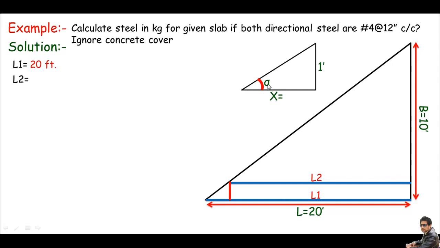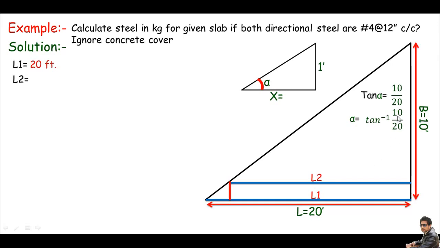It means I can find alpha using tangent alpha, which is equal to 10 over 12, perpendicular over base. Of course, you can find alpha by turning the tangent to the other side, which means tangent inverse of these two.